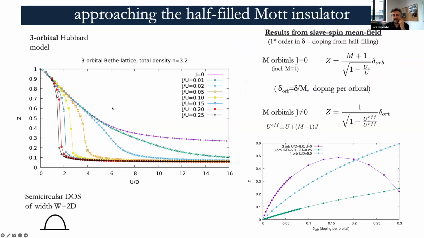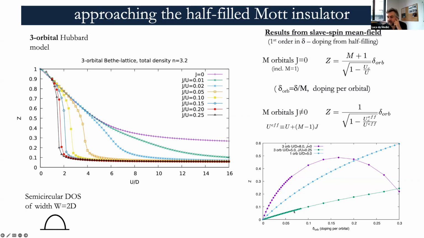And by the way, if in these systems you do explicit calculations, for instance, in absence and in presence of Hund's coupling, you really see an immediate drop of the Z with Hund's coupling for the whole range of interaction strength in which you can flank the Mott insulator.